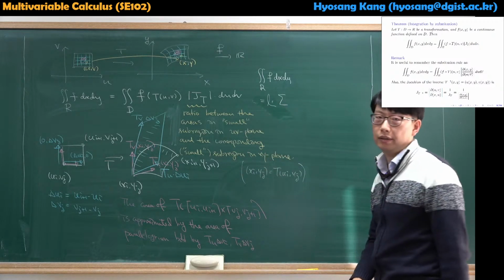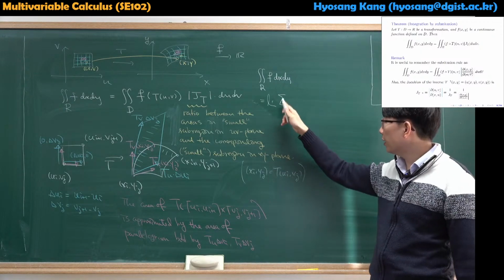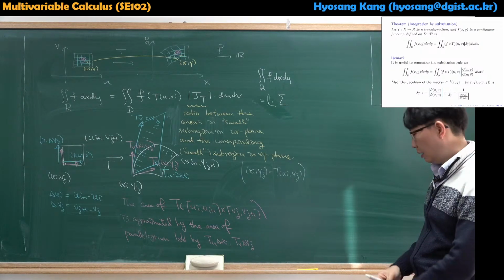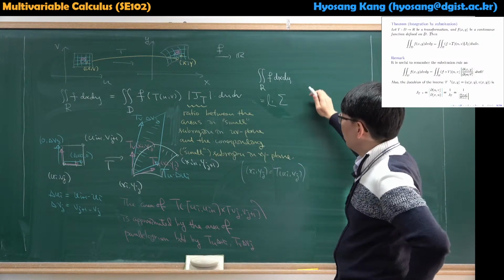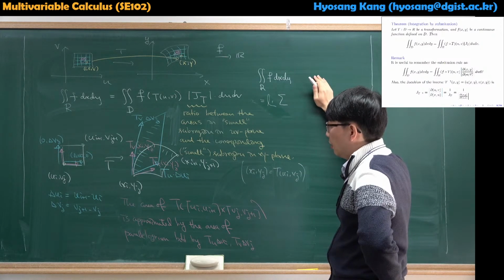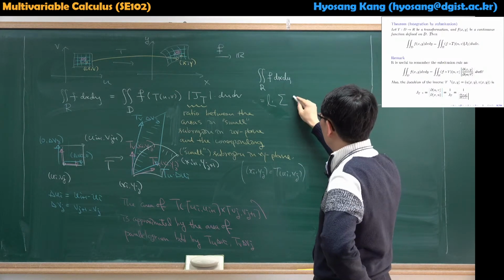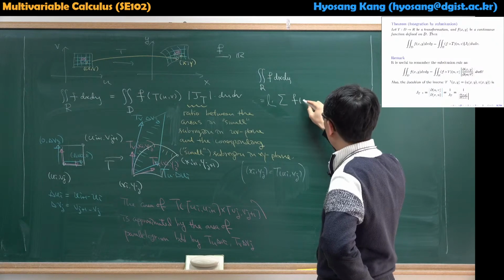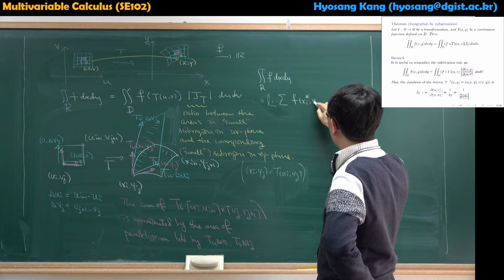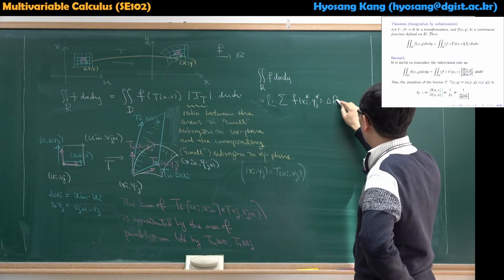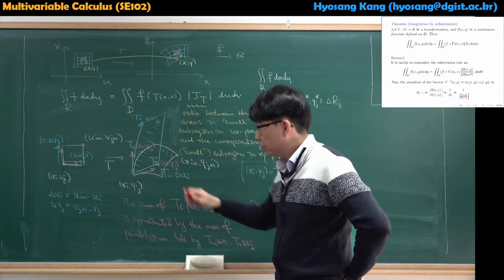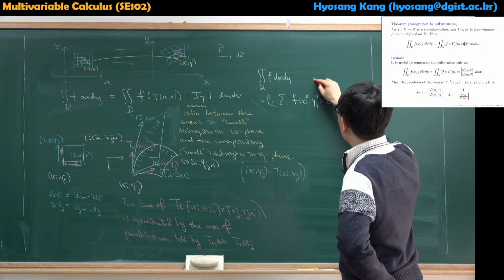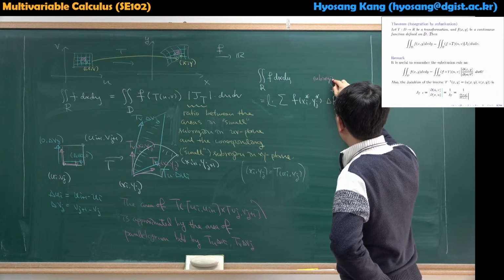I'm not going to write exactly what comes into the limit and sum signs, I'm just taking the limit and sum in order to show you the idea of the integration of f at xi star, yj star, times delta rij. This delta rij is the area of this white region, the actual subregion of R.